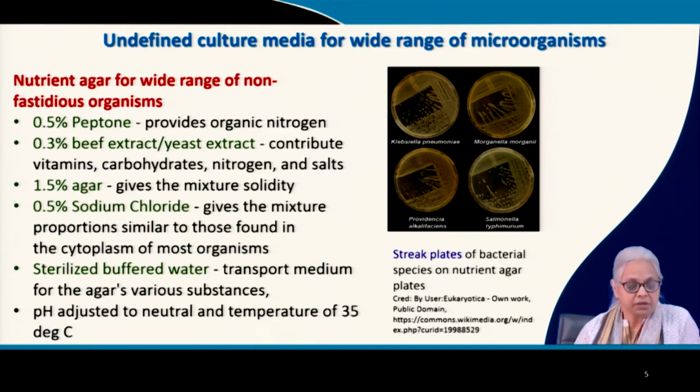So we can use sterilized buffered water. Now sterilization and buffering of the water that is used is essential to ensure that the isotonic conditions are met, that the pH is near neutral. So we try to keep it around 7. It can go to 6.5, 8, even the bacteria will not die, but if it goes beyond that, they are likely to die.